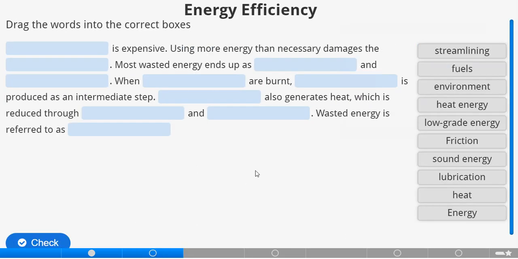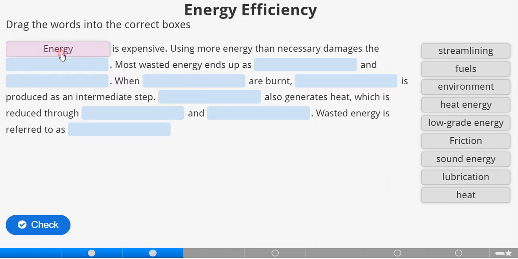Energy efficiency. Let's define energy efficiency by dragging the words into the correct boxes. Energy that we waste is expensive. Using more energy than necessary damages the what? What do you think that will be?